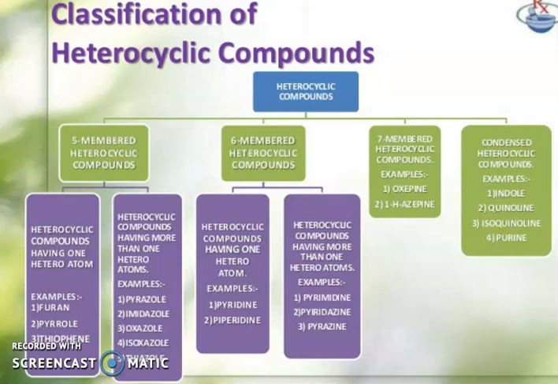Those having more than one heteroatom include pyrazole, imidazole, oxazole, thiazole, isoxazole. Six-membered with one heteroatom, for example pyridine and piperidine. With more than one heteroatom, for example pyrimidines, pyridazines and pyrazines. These are examples.